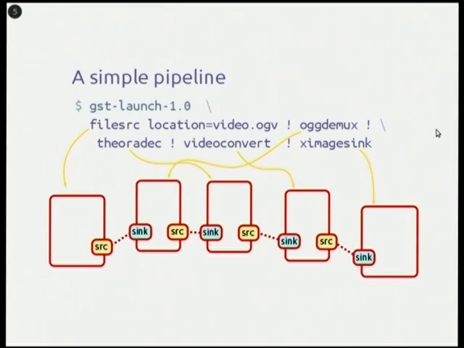Now, a simple Gstreamer pipeline would go like this. This is a command line syntax for making a Gstreamer pipeline, which isn't Python, but it kind of gives you the idea.